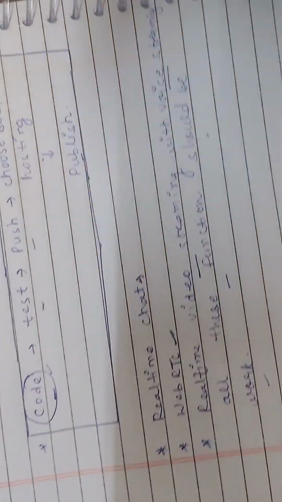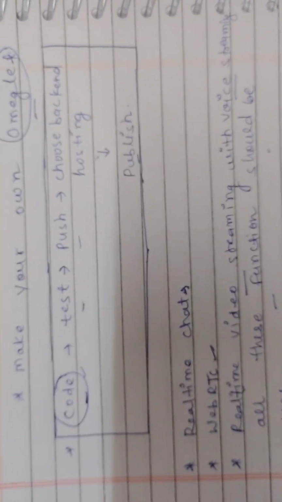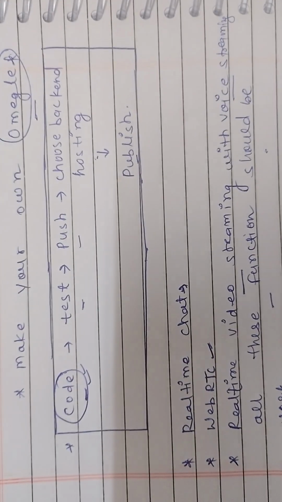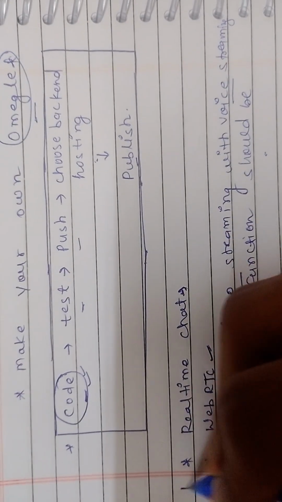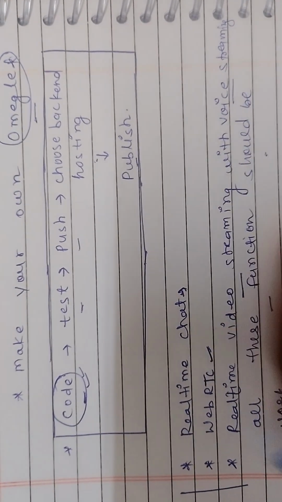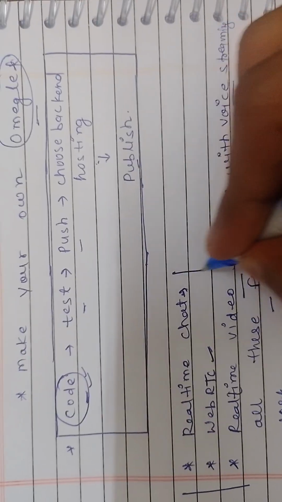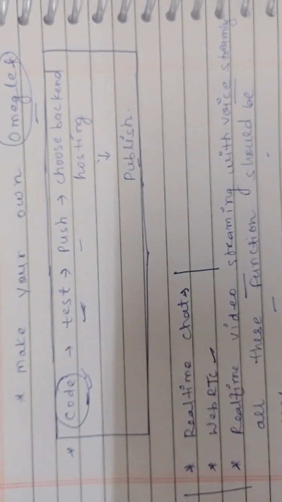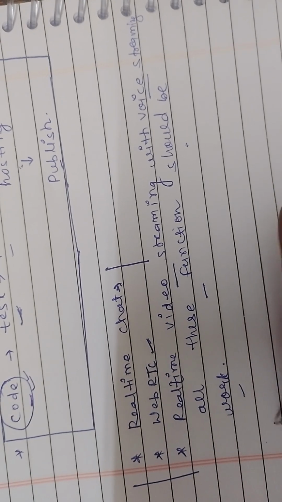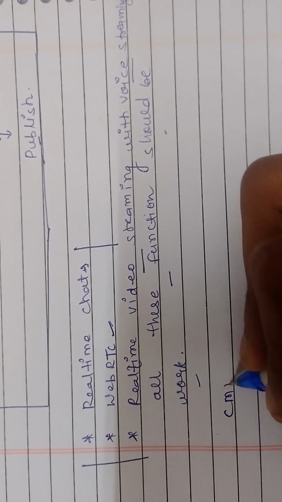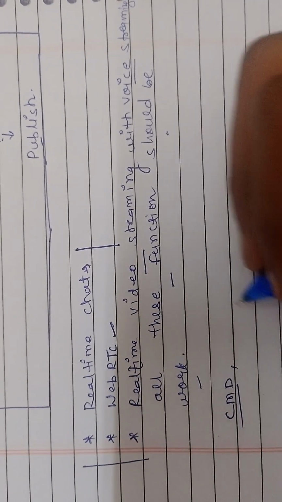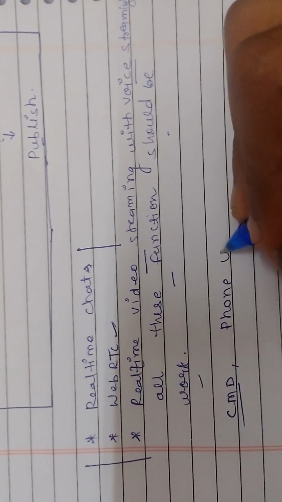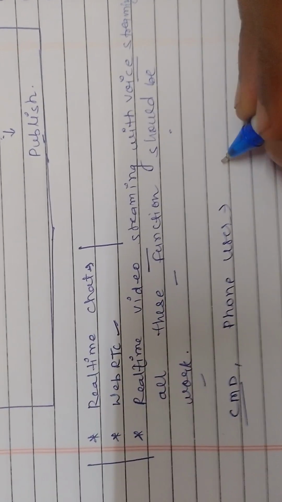Now let's discuss what you have to do after the code. When you code with these requirements, you have to test it. If you have a laptop, you can test it on CMD, or if you are a mobile phone user, you can test on Termux.